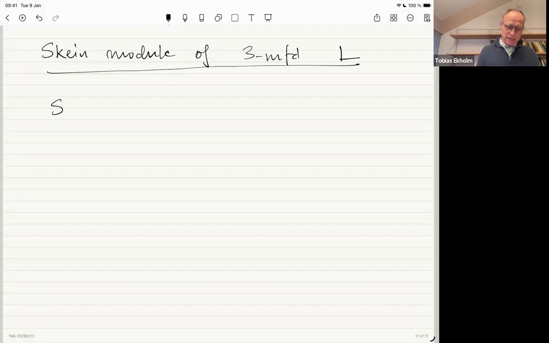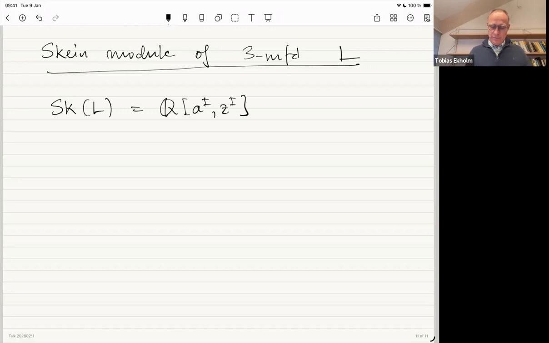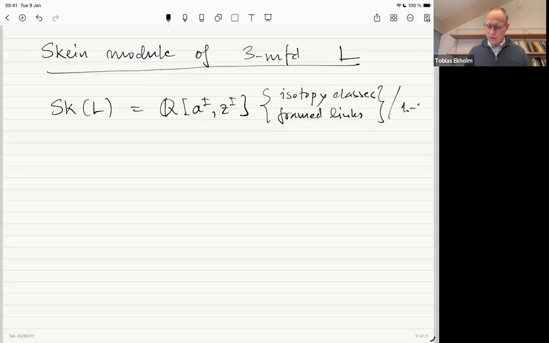So this Skein module of L is a module over a ring in two variables, A and Z. And then the generators are isotopy classes of framed links in L modulo three relations that I'm now going to give you.